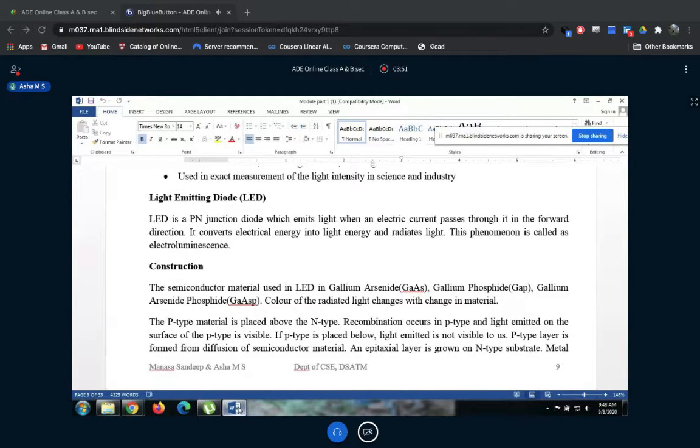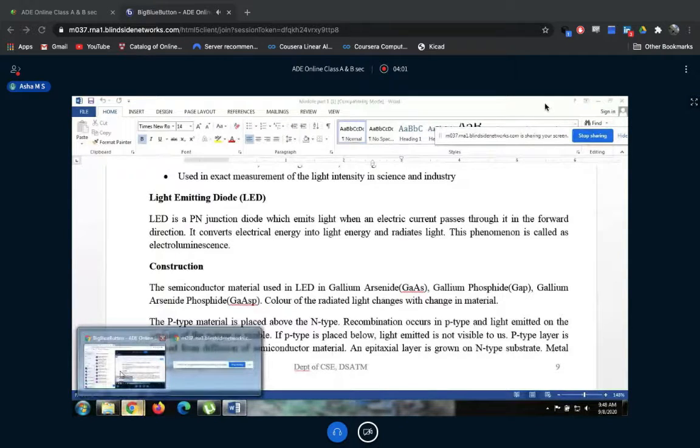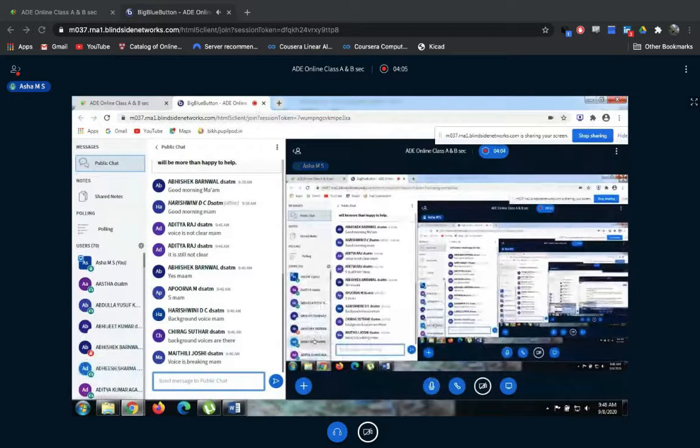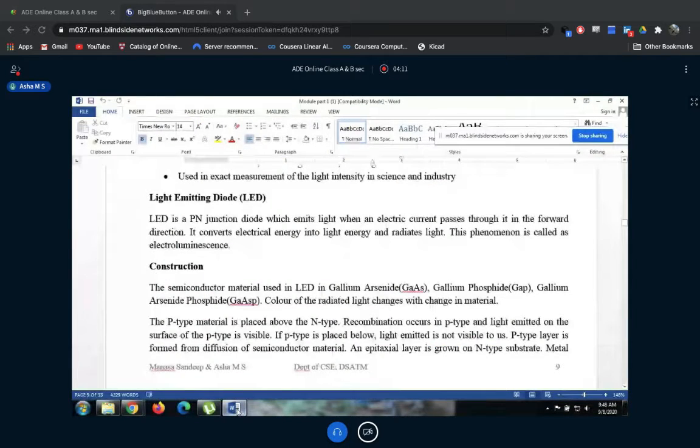Usually in the normal PN junction diode, whenever you apply some voltage, the output you get is in terms of voltage and current, correct? Whereas here, when you give the input, you will get light as the output.